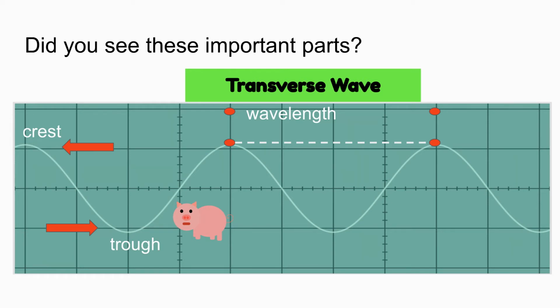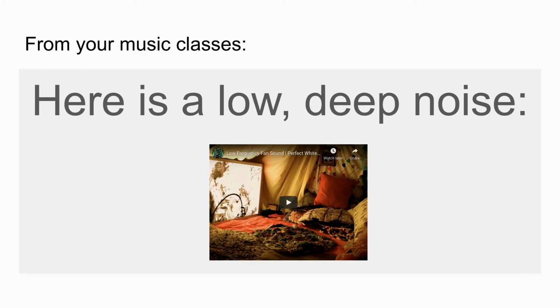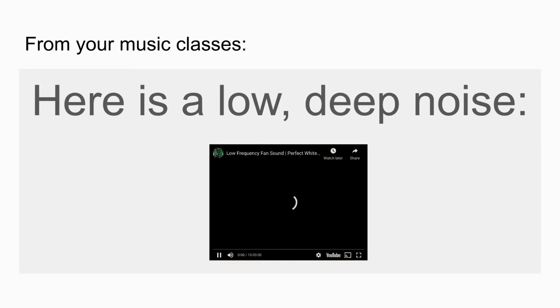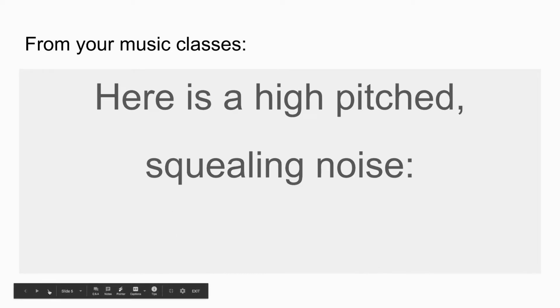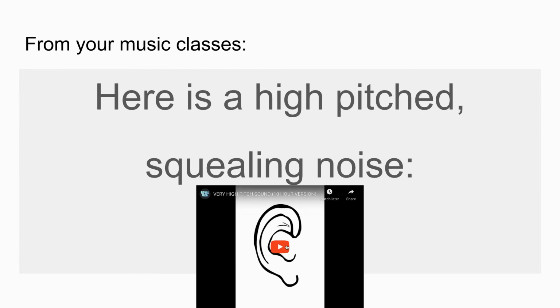But now we need to figure out how to make different types of waves. So from music, or thinking about when you hear someone has a deep voice, we describe low noises and deep noises as something that sounds like this, and then a high-pitched squealing noise, a high noise, or a squealing noise, high pitch.